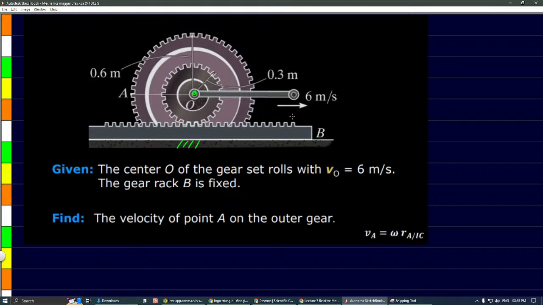Velocity of point A he is asking, on the outer gear. Outer gear means point A is here, huh?